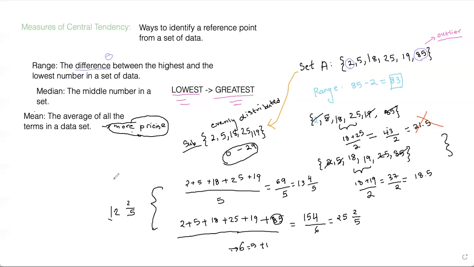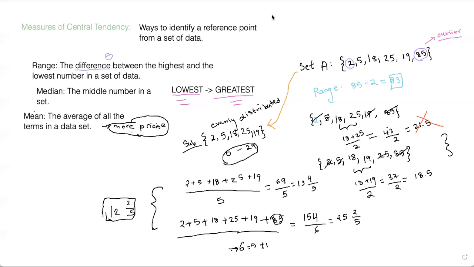The difference here is colossal, and this is simply because there is an outlier. That's exactly why, when there is an outlier in the data set, it's not recommended that you use the mean. It's more recommended that you use the median, as it gives you more accurate results in terms of outliers.